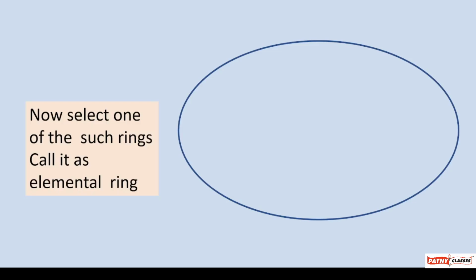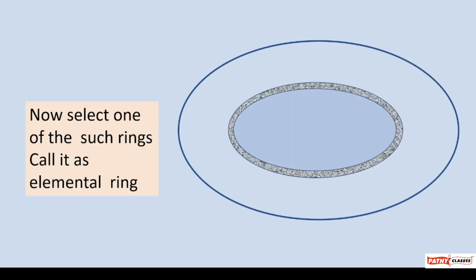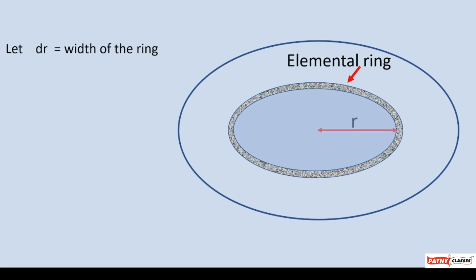Now select one of such rings and let us call it an elemental ring. Let dr be the width of the ring, dm equal the mass of the ring, and r equal the average radius of the ring, the average of inner radius and outer radius.